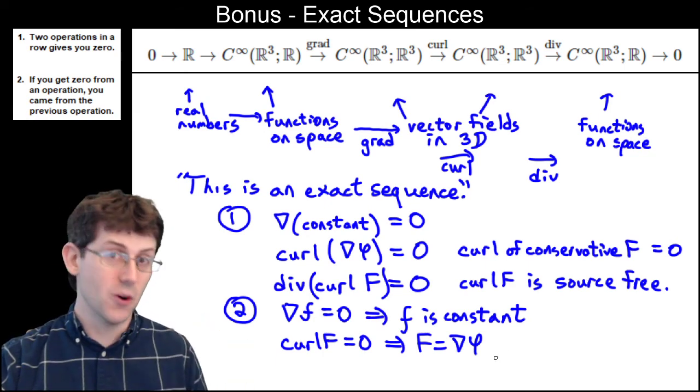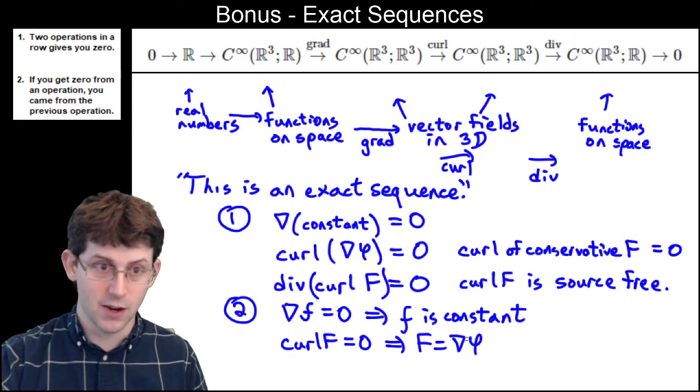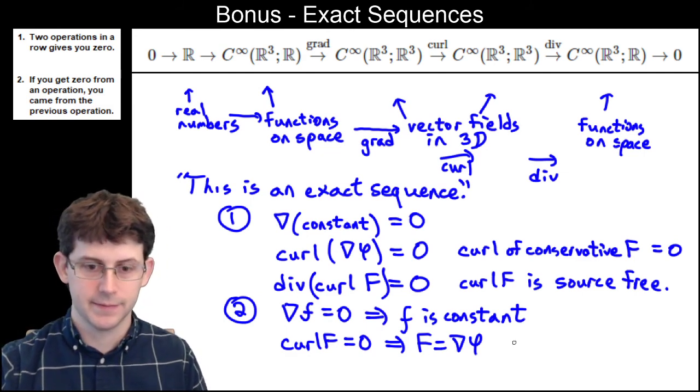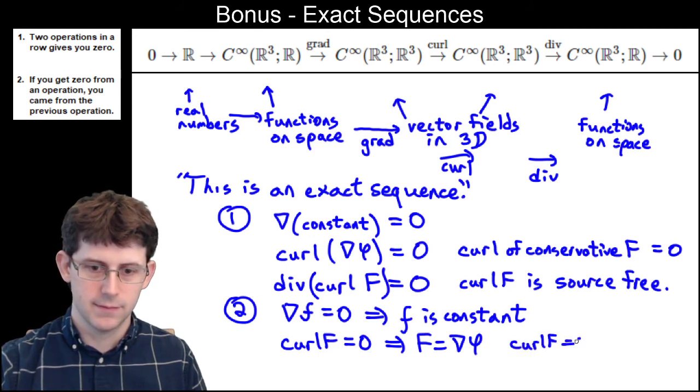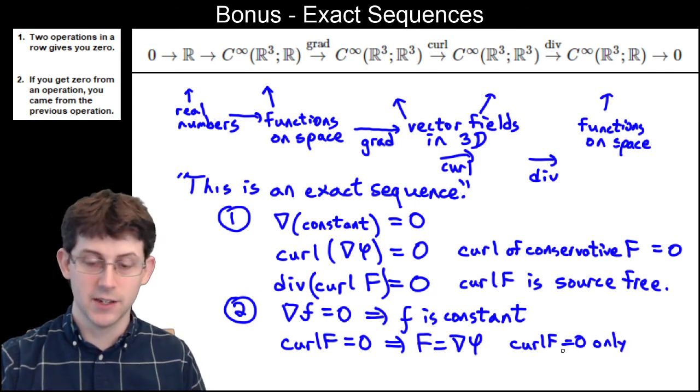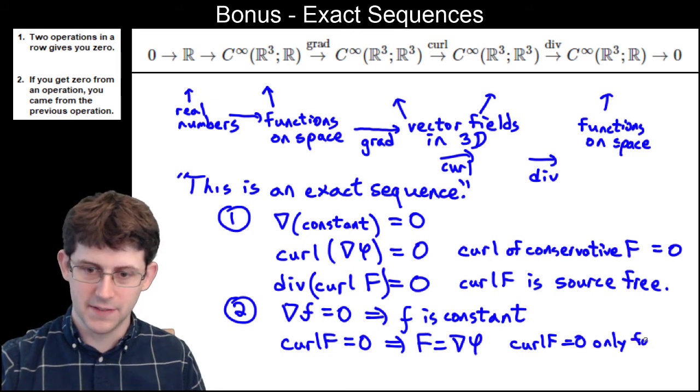It said, you want to know if a vector field is conservative? Do you want to know if you came from somewhere? Then take the curl and see if it's 0. So the way to write this in physics terms, I guess, would be that curl f is 0 only for conservative f.